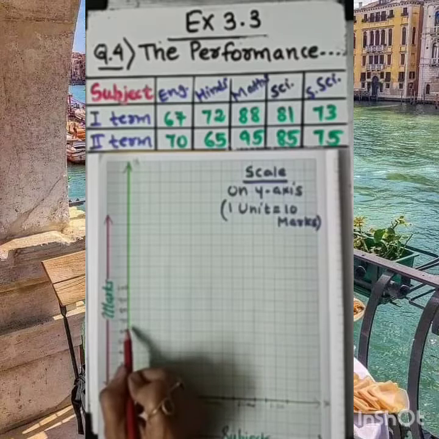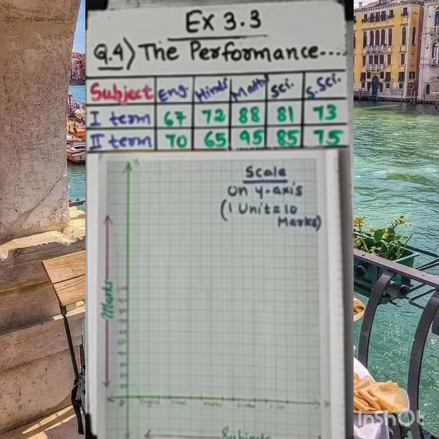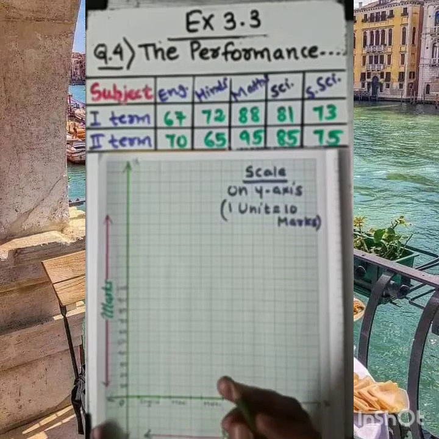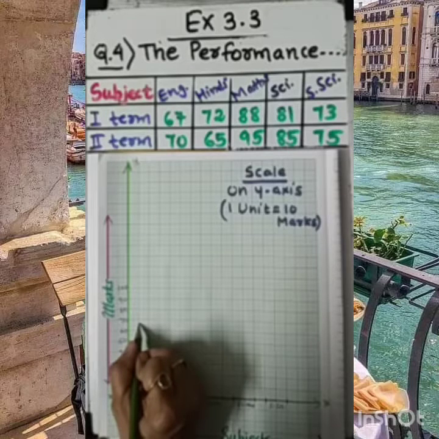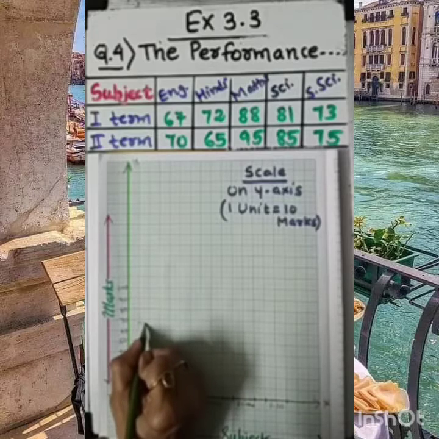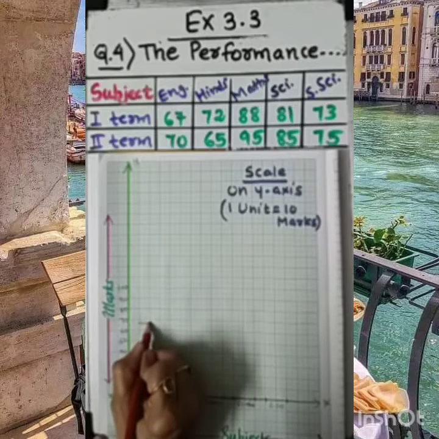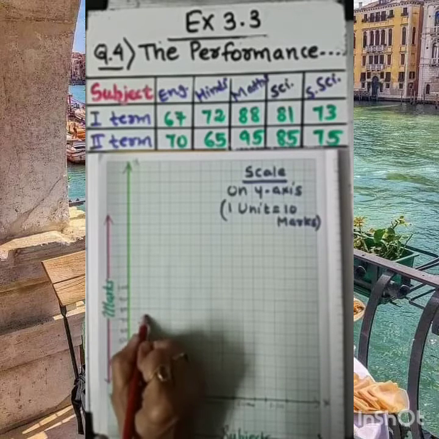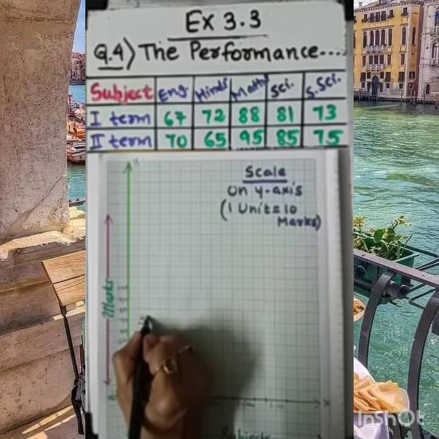So immediately after the darker line, leave two lines, and when you draw this way using your sharpened pencil, 67 will be located here somewhere. So we need to mention here, this is 67. I am marking it with this line. This portion is 67 and I am even mentioning here 67. This is for the first term.